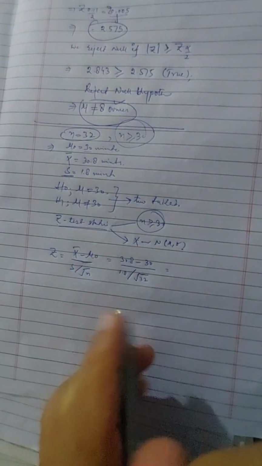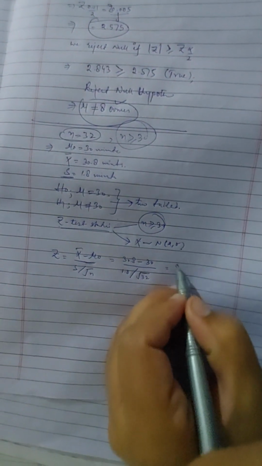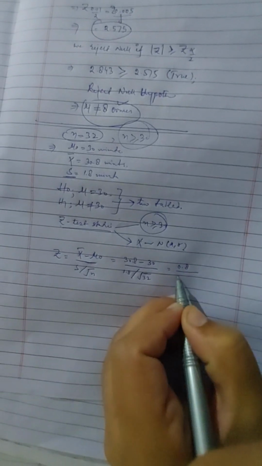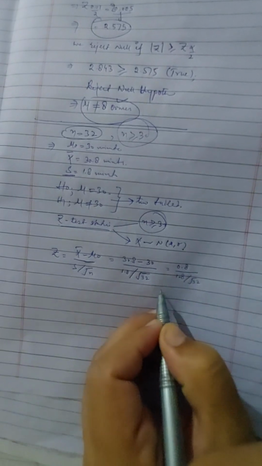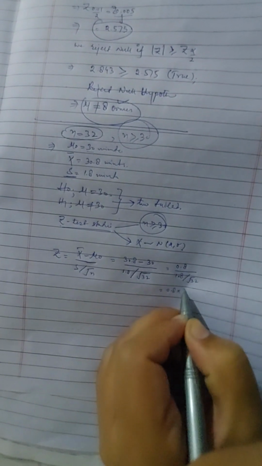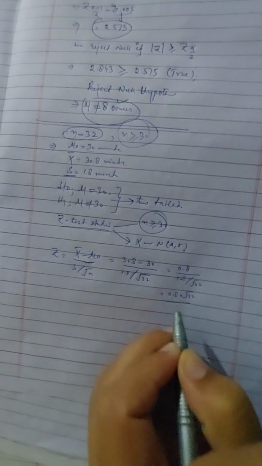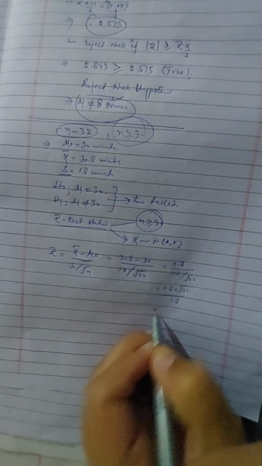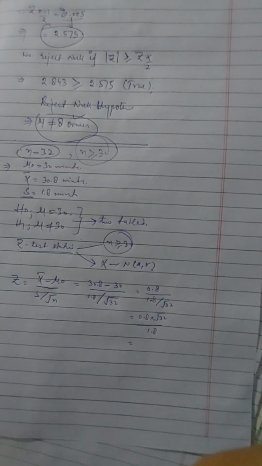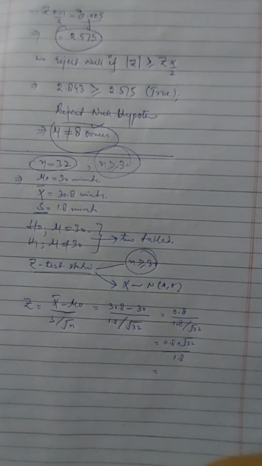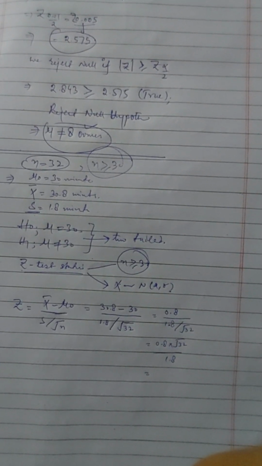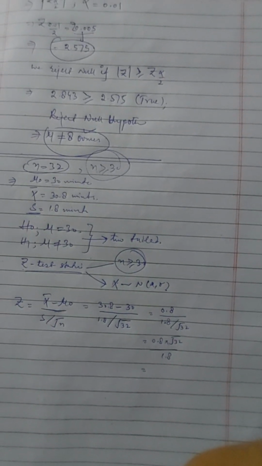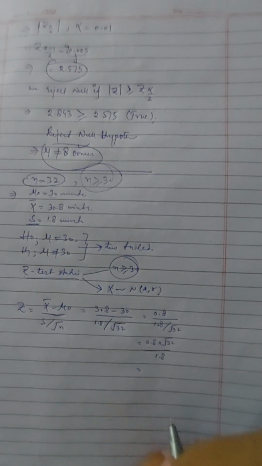Okay, so it will be equal to 0.8 divided by 1.8 divided by under the root 32. It will be equal to 0.8 multiplied by under the root 32 divided by 1.8. Let's calculate it. Under the root 32 gives us a value of 5.656.